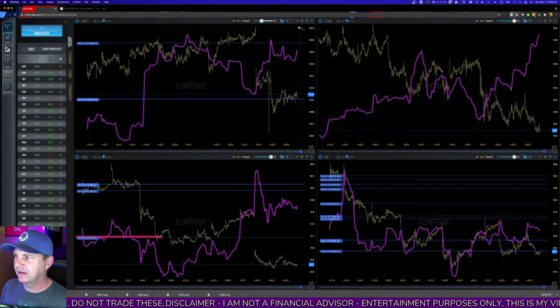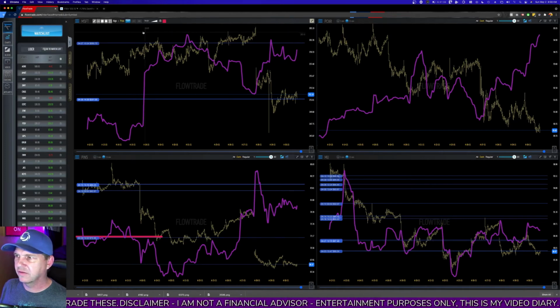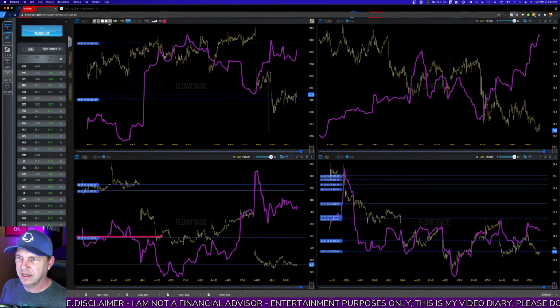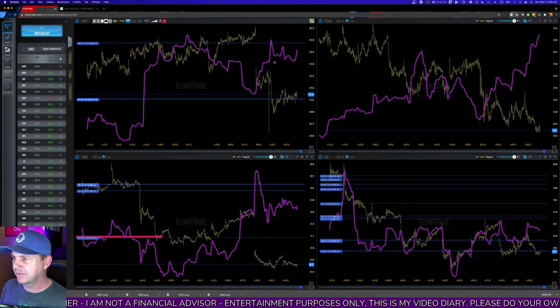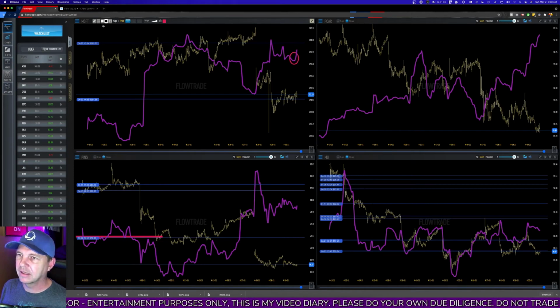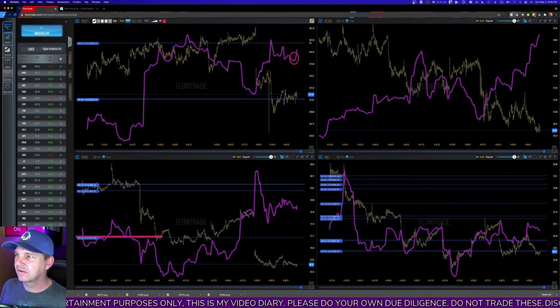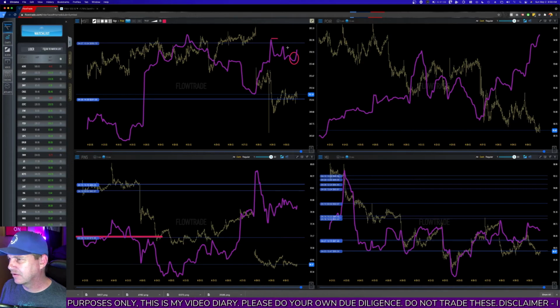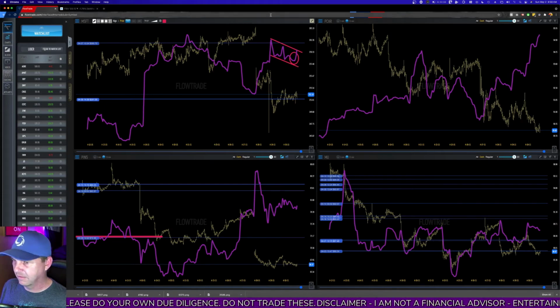So last 10 days, algo is trading with price action. We gapped down. I'm not sure if that was based on earnings. However, looks as though the algo started buying again. We've got this downtrend channel on the algo that I really want to see it break for the next move upward.